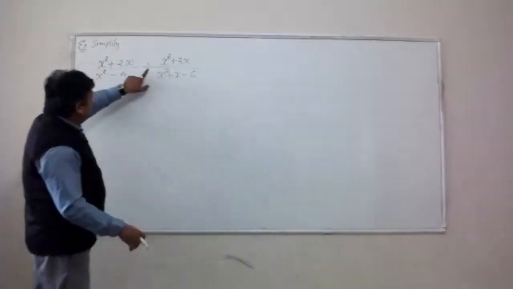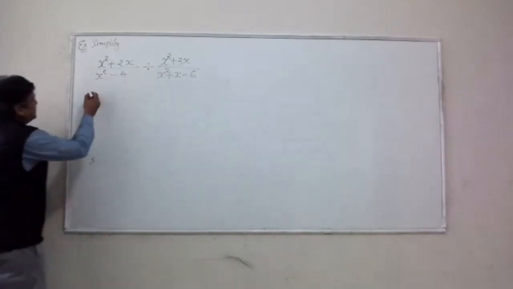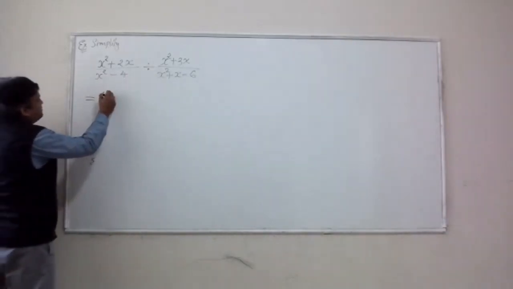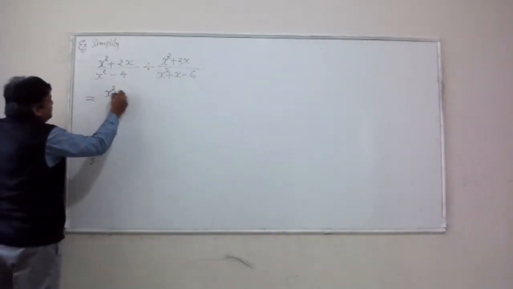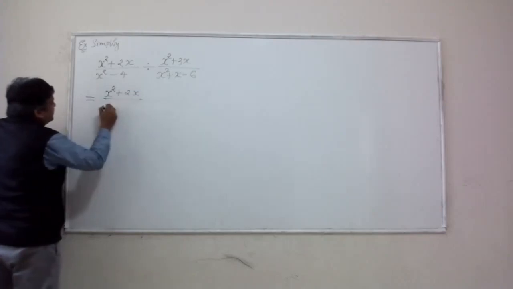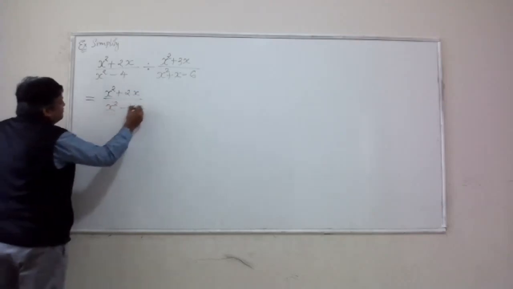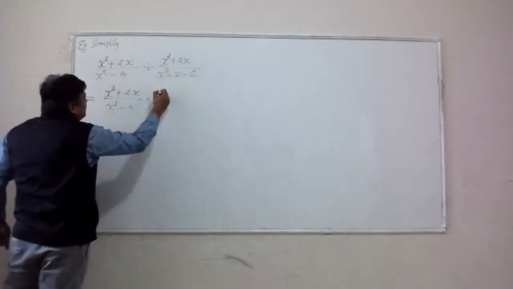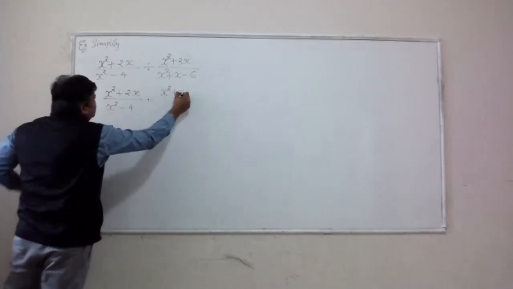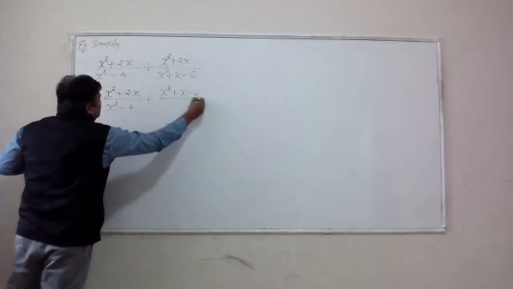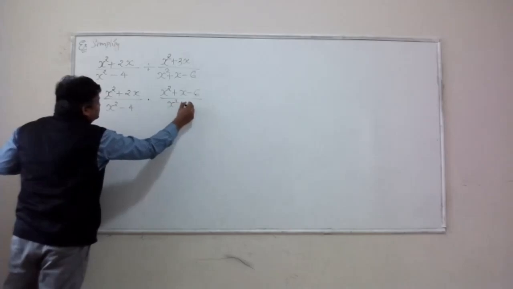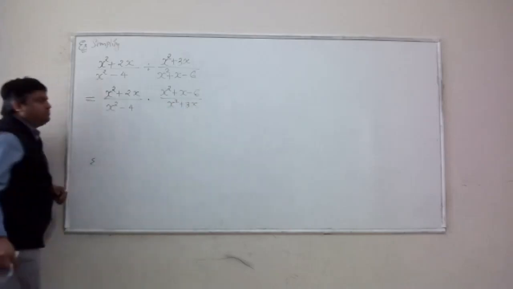First of all, change that division sign into a multiplication sign carefully. So I get x squared plus 2x over x squared minus 4 multiplied by x squared plus x minus 6 in the top, and then x squared plus 3x will be in the bottom.